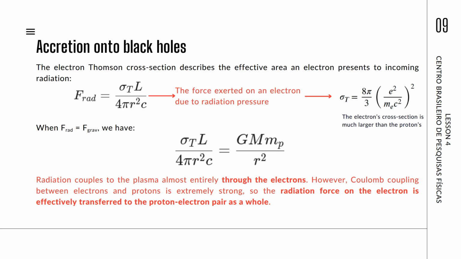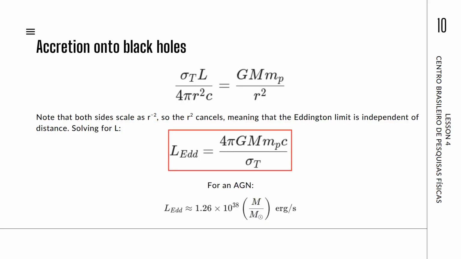If we solve for the luminosity, we'll have this result here. This is the Eddington luminosity. This you need to bear in mind. You hear about this everywhere in AGN astrophysics.